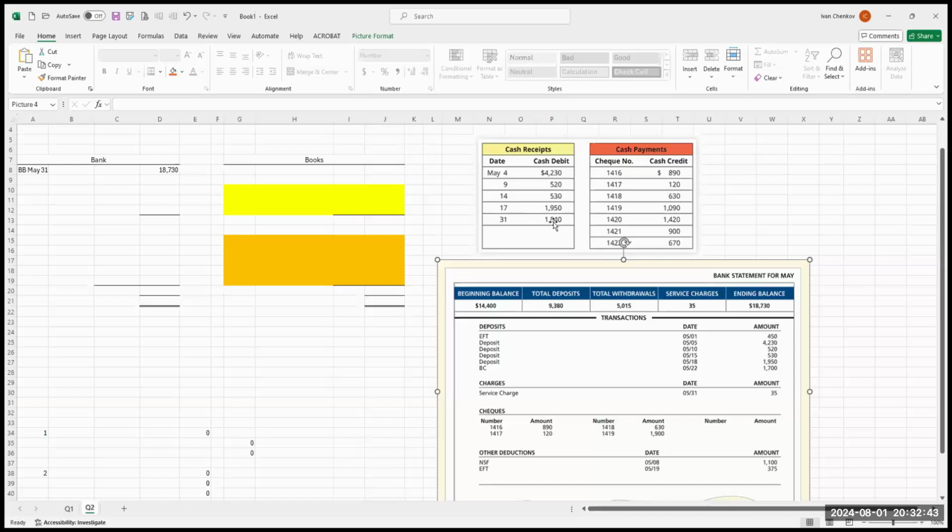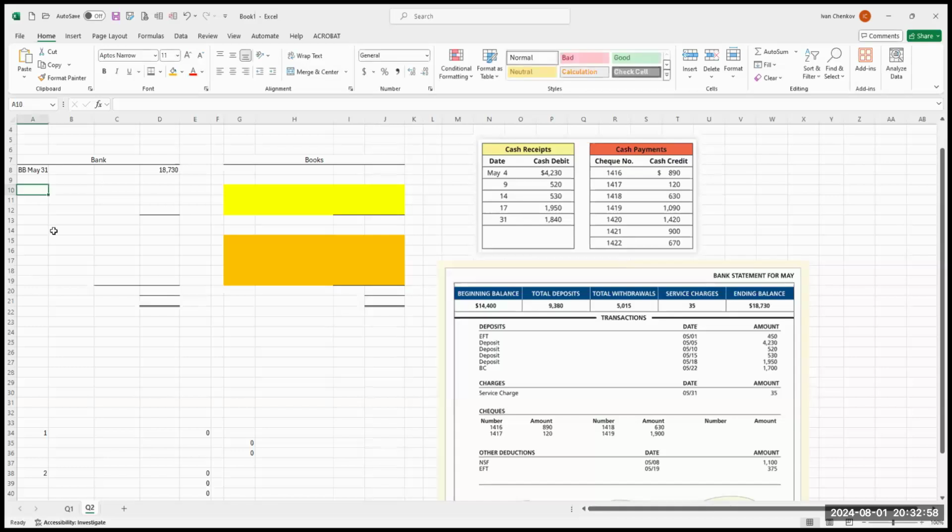$1,940. As you can guess, since it's May 31st in this case, most likely it won't be deposited in the bank. So in fact, it wasn't deposited. What we have to do is add it, and we add that deposit in transit.